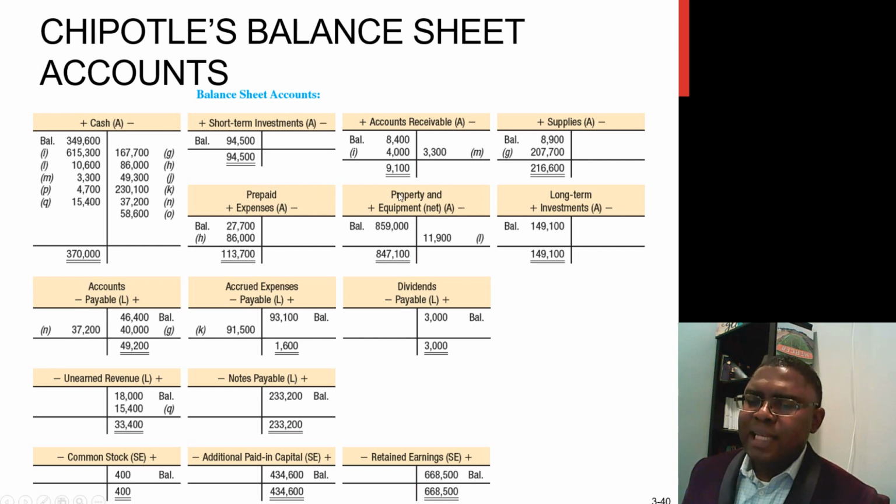So these are all assets. Assets go to the balance sheet. Then we also have liability accounts. Liability accounts will end up in the balance sheet. Accounts payable, accrued expense payable, dividend payable, unearned revenue, notes payable. Then we have stockholders' equity accounts: common stock, additional paid in capital, retained earnings. So we isolate these accounts because these balances will be transferred to the balance sheet.